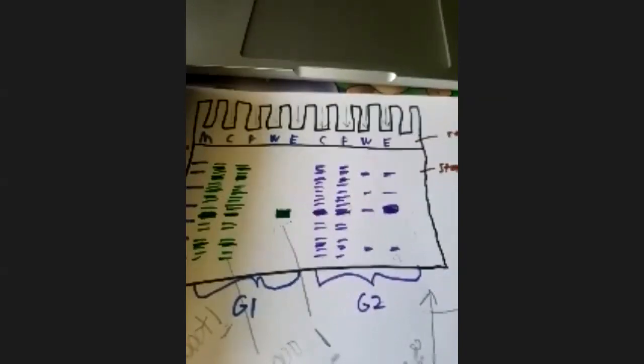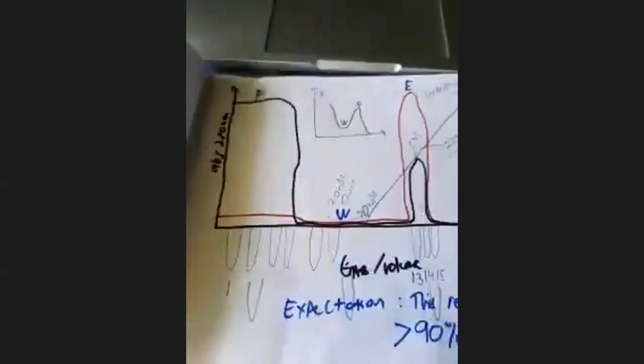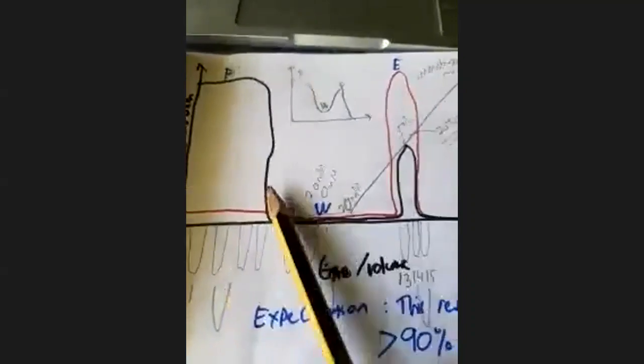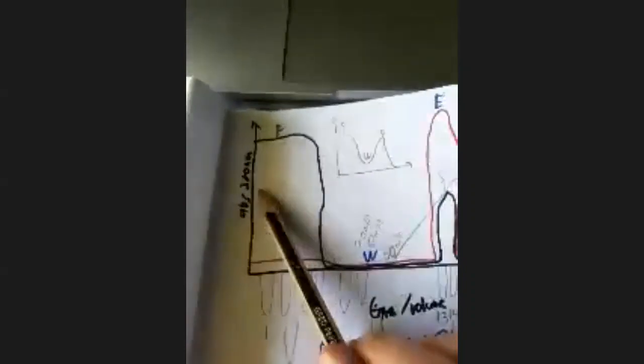What do the red and black lines mean? Why have two lines? Okay. Like we discussed earlier, the black line represents the absorbance at 280 that you have used to measure the protein concentration using a spectrophotometer.